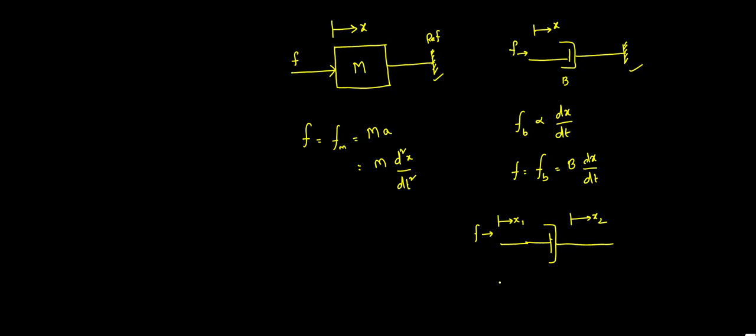At that time, the frictional force, or the total force that you are trying to apply, Fb, is directly proportional to the frictional constant times d by dt of x1 minus x2. If I remove the proportionality constant, Fb is equal to b into d by dt of x1 minus x2.